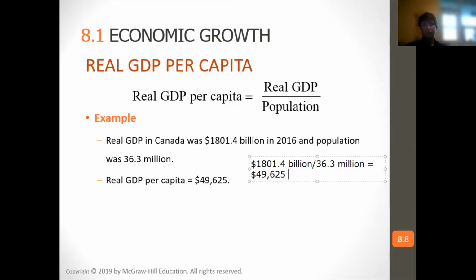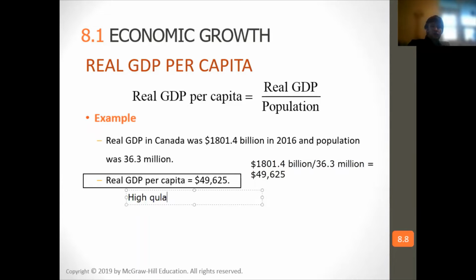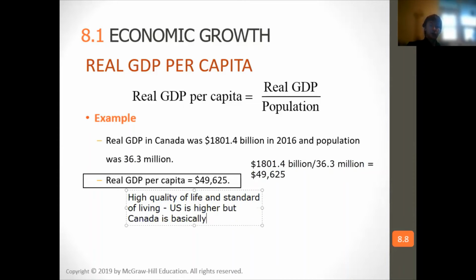That's very high. This is a very high number. This means that Canada has a very high quality of life and standard of living, and this is one of the highest in the world. The US is higher, but Canada is basically second worldwide.